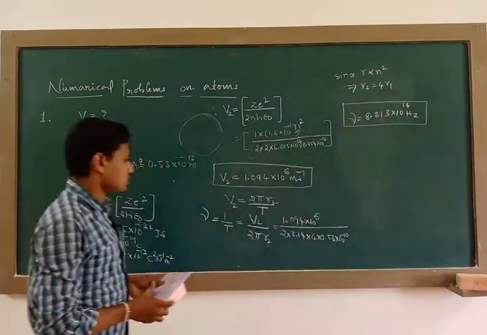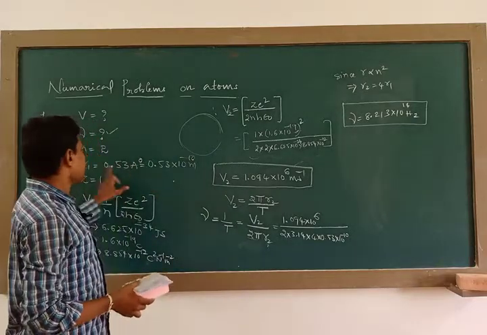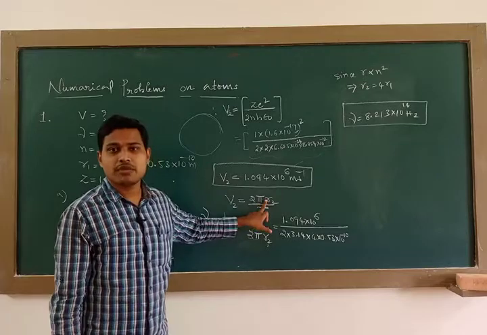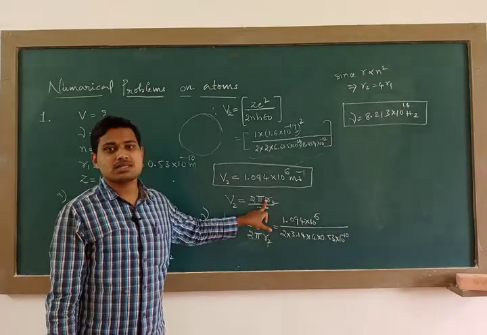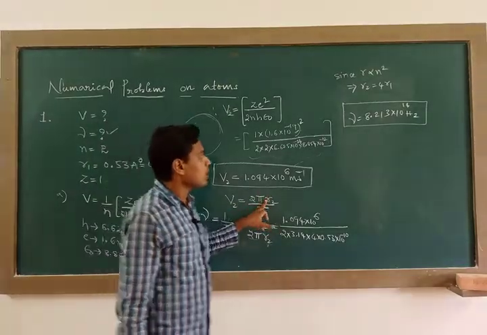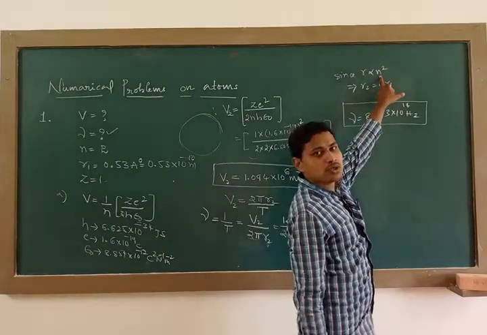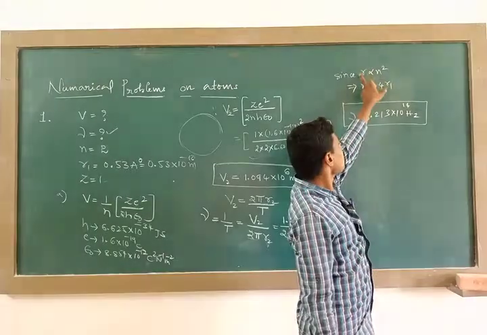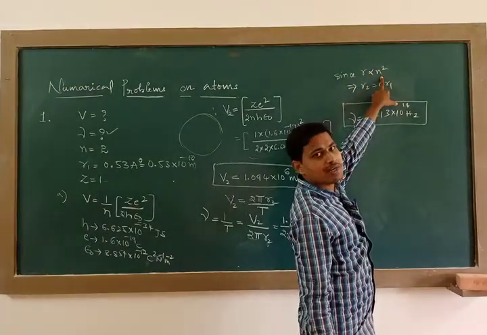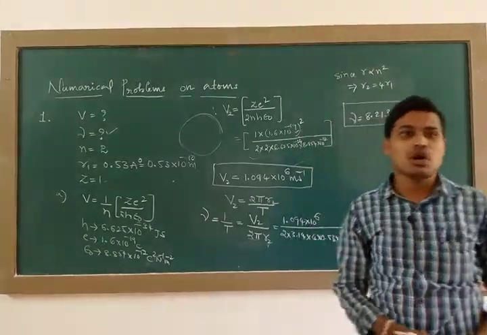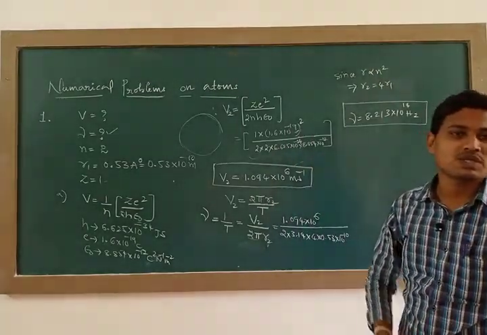And remember, r1 is given as 0.53, but actually I require r2 for the second orbit. We know how to get it, by a simple relation, since r is directly proportional to n square. As the orbit number increases, the radius of the orbit also increases by some constant factor.